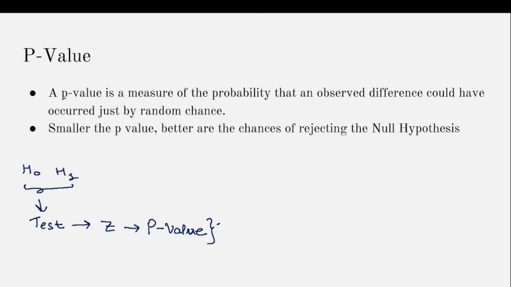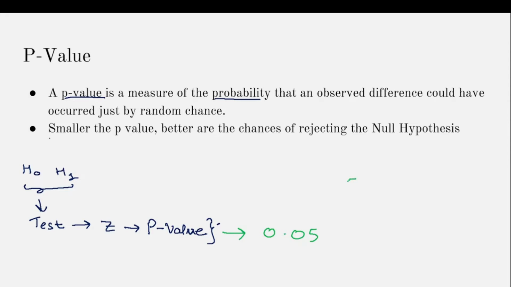So, a p-value is a measure of probability that an observed difference could have occurred just by random chance. Now let us consider, in this case, I got my p-value as 0.05. This means that if we do statistical tests n times, only 5% of the times we will get something other than the null hypothesis.